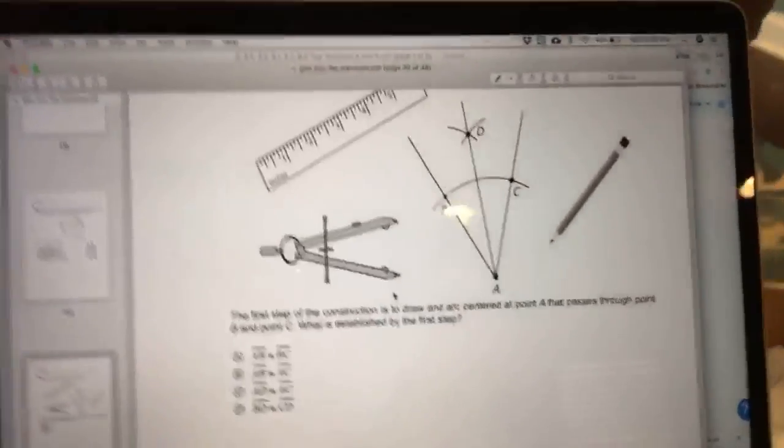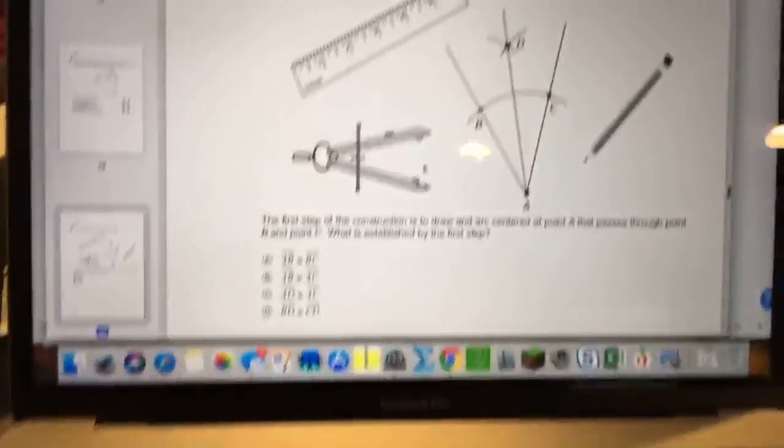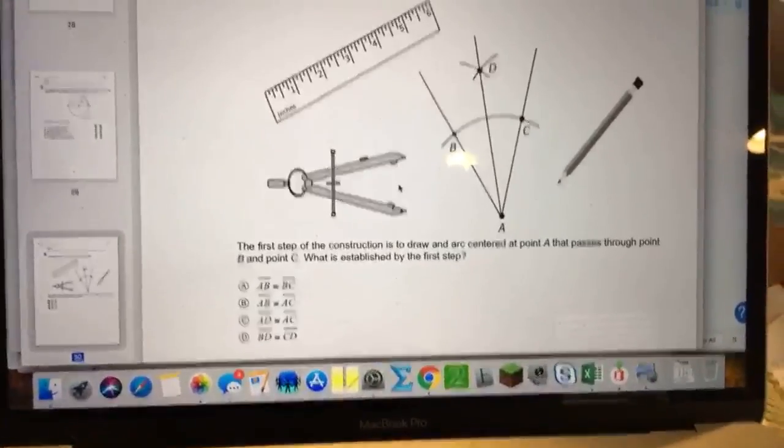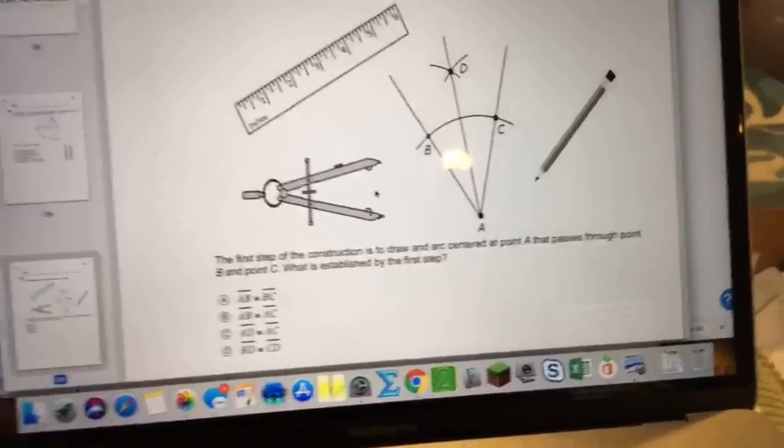Constructions. Okay, so the first step of the construction is to draw an arc centered at point A that passes through point C and point D. What is established by the first step?